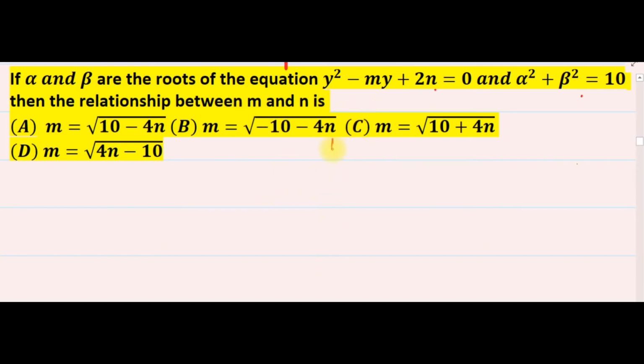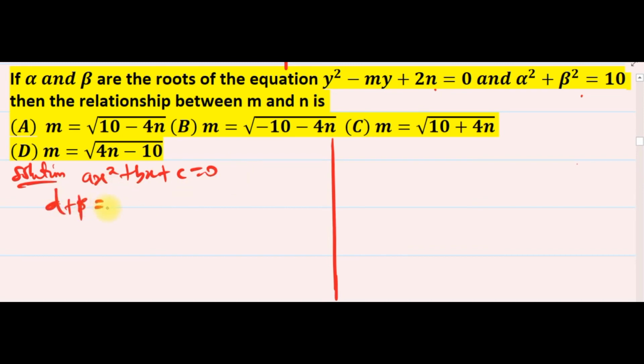Do you remember from a formula that for every quadratic equation, ax squared plus bx plus c equal to 0, assuming alpha and beta are their roots, alpha plus beta is minus the coefficient of x over the coefficient of x squared, and their product is the constant term over the coefficient of x squared. So here let's use what we have. They told us that alpha squared plus beta squared is 10.